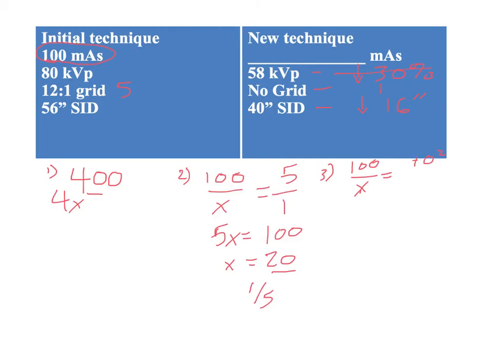Bear with me, I'm sorry. 56 squared over 40. So 51. So we nearly halved it, right?